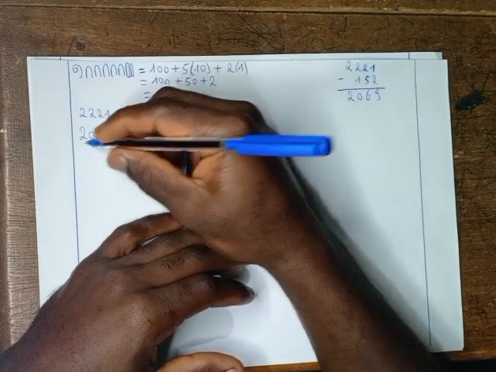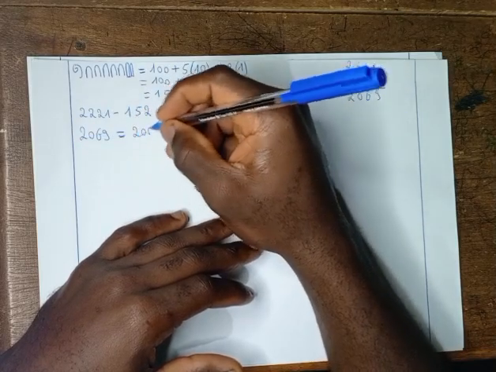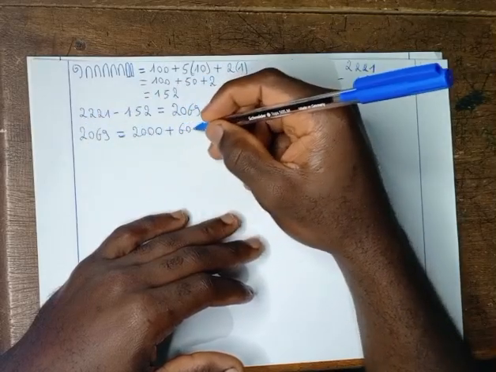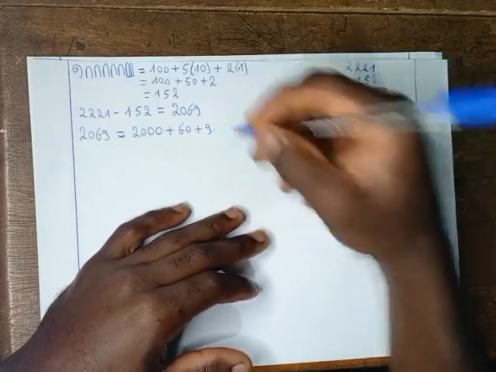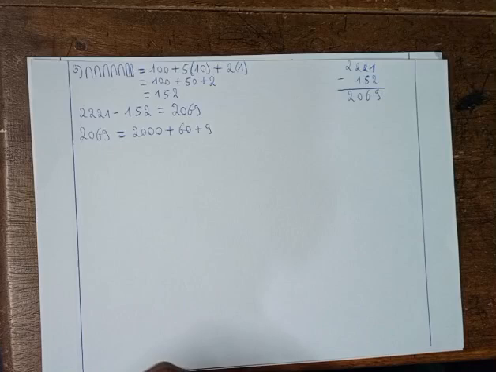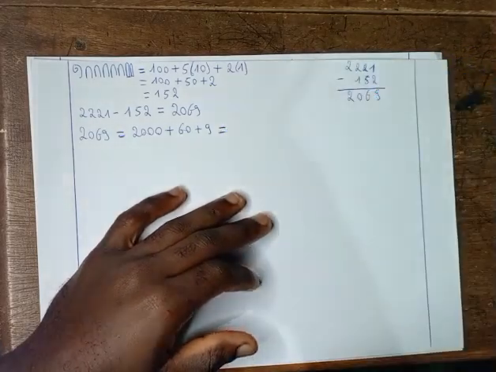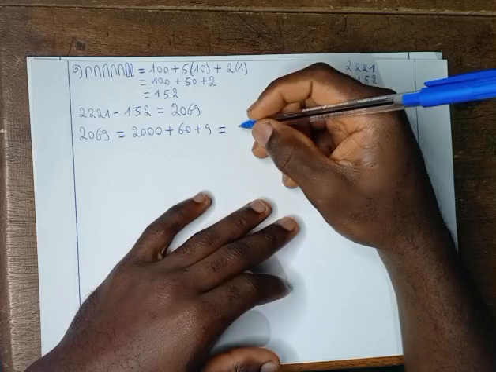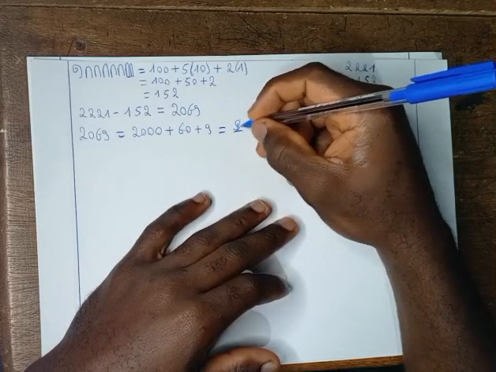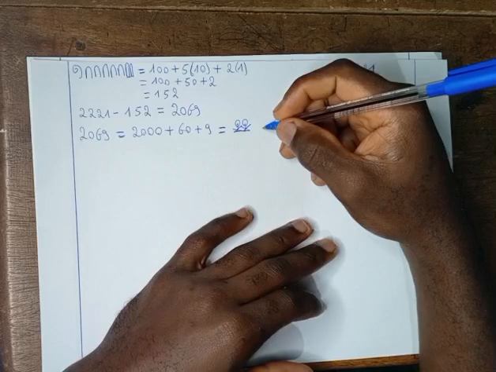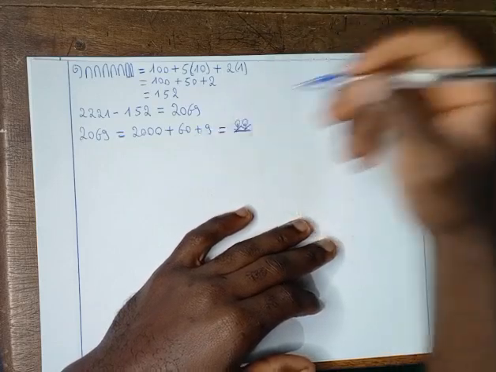The next step now, we need to convert the number 2069 back to Egyptian numerals. We know 2 here has a value of 2000, plus we are going to ignore 0, plus 6 has a value of 60, plus 9, which has a value of 9 units. The Egyptians represented 1000 by using a lotus flower. So 2000 will be represented by using 2 lotus flowers. They represented the 10 by using a heel bone.